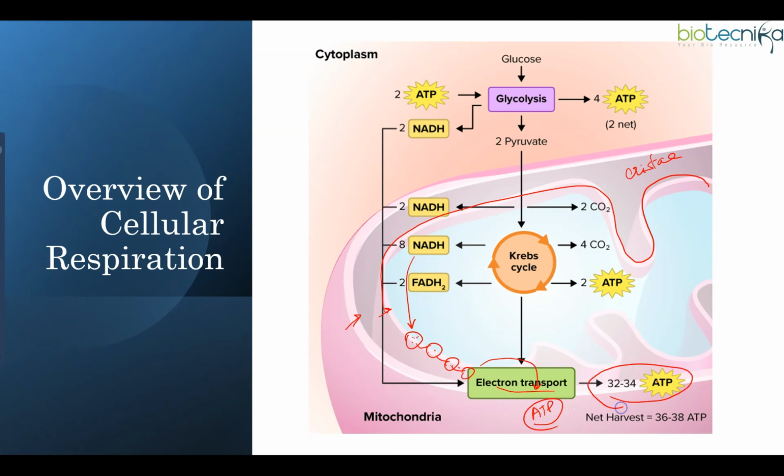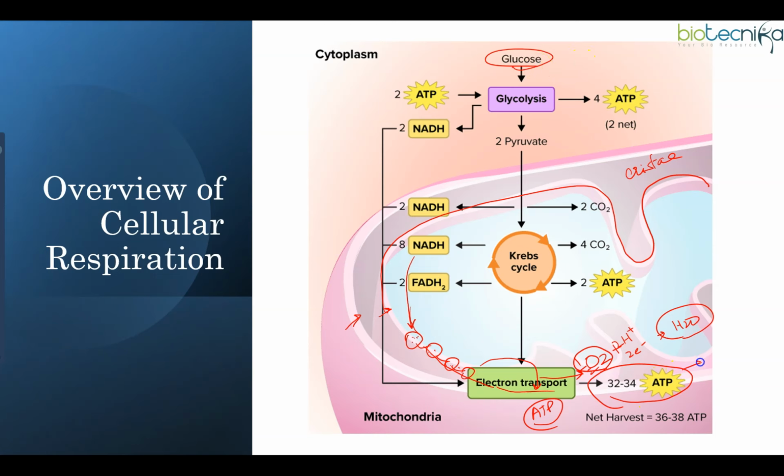Overall this will generate 32 to 34 ATP. The electrons, after passing through the electron transport chain, are ultimately given to oxygen. Oxygen with hydrogen and the electrons is going to make a water molecule. So that is why I said oxygen and glucose will be required as the raw materials for respiration.